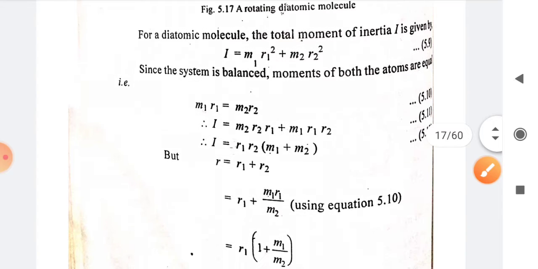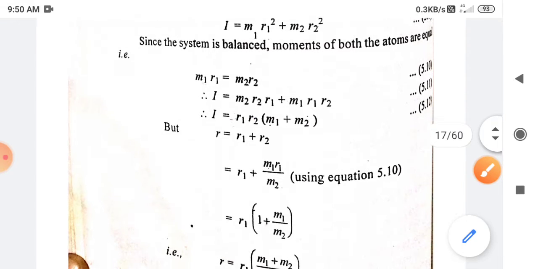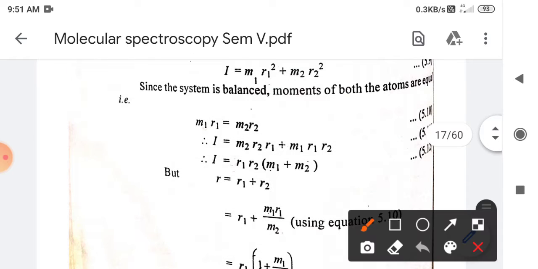Now we take r1 r2 common, so we are left with only m1 plus m2. But we know that the sum of r1 and r2 gives the total distance of separation, that is r. So we rearrange the equation using this relation.